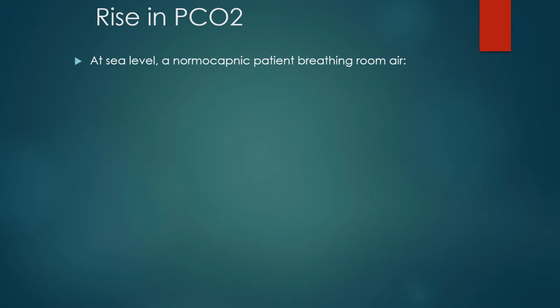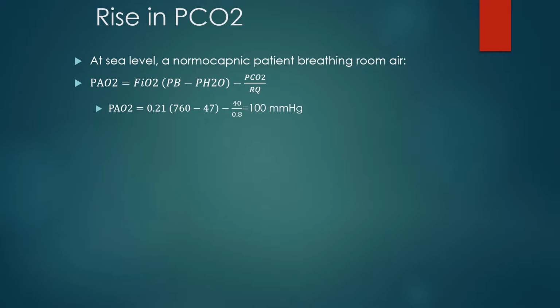At sea level, in normocapnic patients breathing room air, when you apply the alveolar gas equation, you get PaO2 equals FiO2, which is 21% or 0.21, multiplied by 760, which is barometric pressure, minus 47, which is the pressure of water, minus CO2. Let's assume this is normal CO2, so 40, divided by respiratory quotient, which is 0.8.